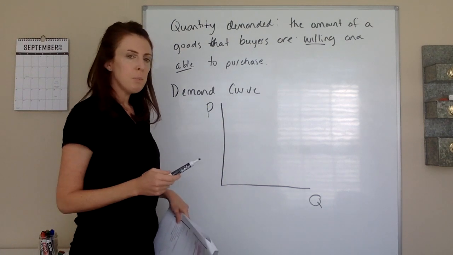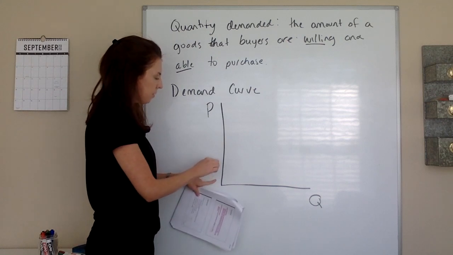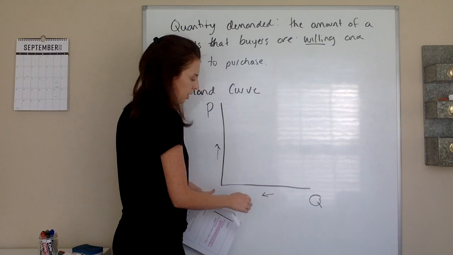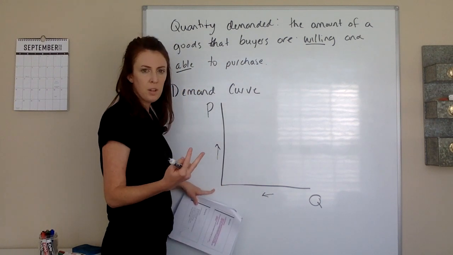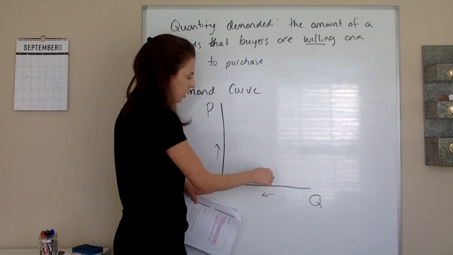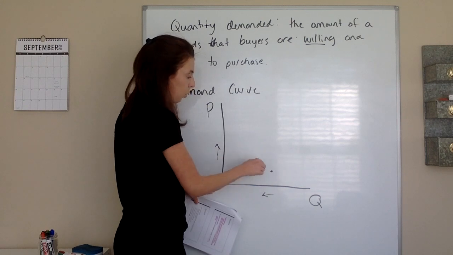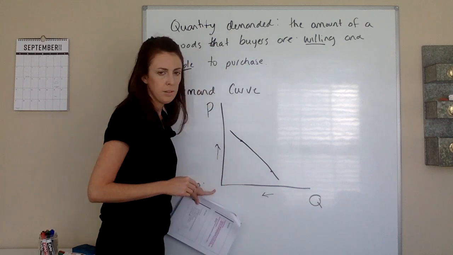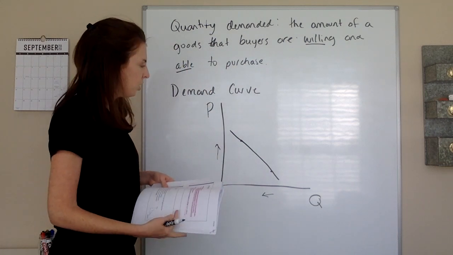Recall the law of demand said that if the price of something goes up, then the quantity demanded will fall. So think about two points along a curve that would have to follow this property. They would have to be points that look something like this. So we can do that kind of extrapolation.